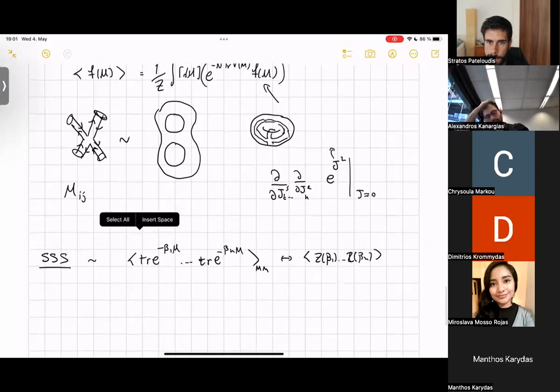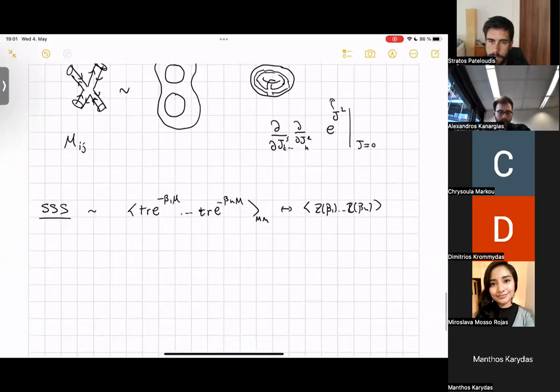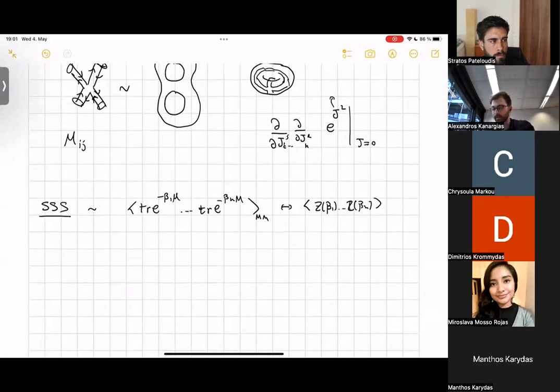And these are the connected correlation functions or connected surfaces on the right hand side.